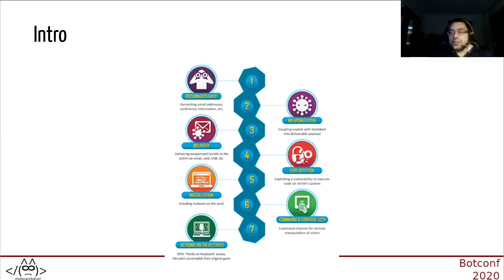Later on, it will install some stuff. This stuff will call to C2 for commands, or just say, okay, I'm here, what's next? And at the end, the attacker will do some actions on an objective. In the case of most attackers who follow this chain, who are state sponsored or have some concrete objective, that will be some sort of data gathering and exfiltration.